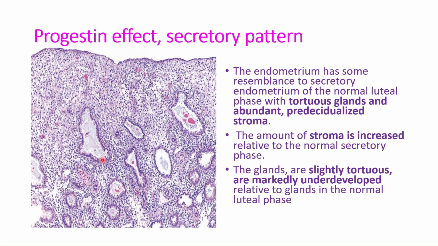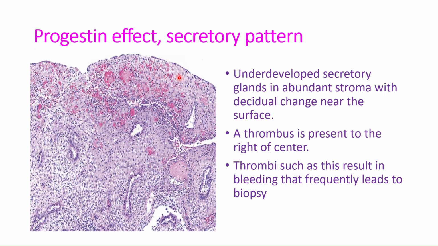Here, progesterone effect with secretory pattern, but these glands are underdeveloped. Tortuosity is there, but compared to the previous slide, we can see here the stroma is increased relative to the normal secretory phase, and we can appreciate some secretion in the gland and pre-decidualized cells having round, oval nuclei, plump-shaped cells, and edematous stroma.